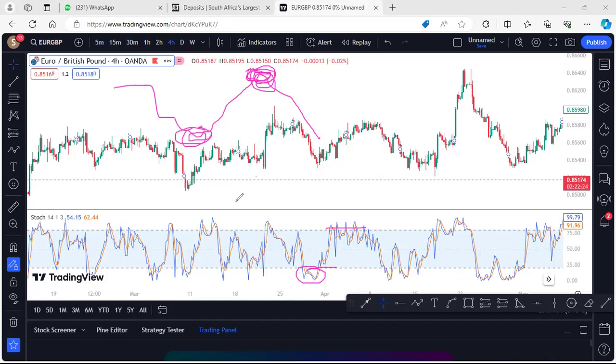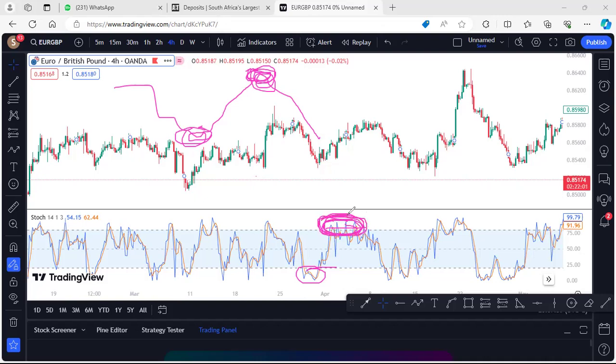Okay. Then the indicator, what it does is it identifies this level. When you see the price here, you should start to look for, is it selling or buying opportunity in this level? Selling opportunity. Are these support or resistance level?